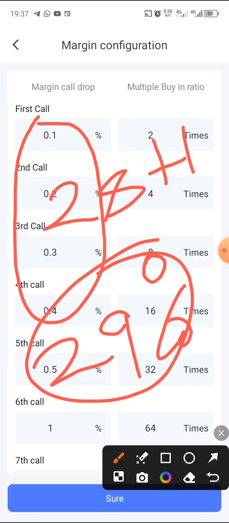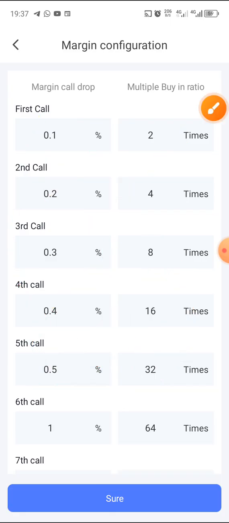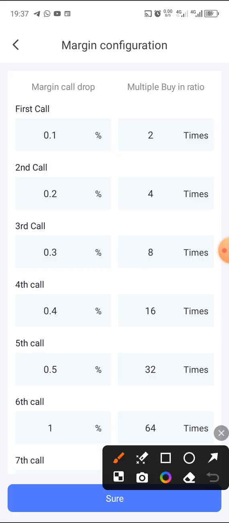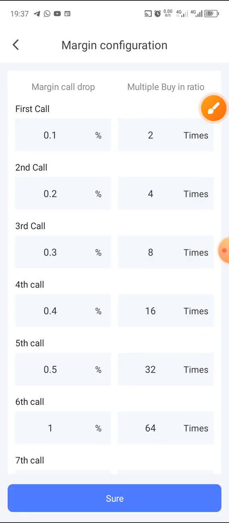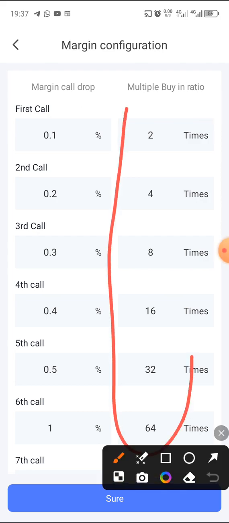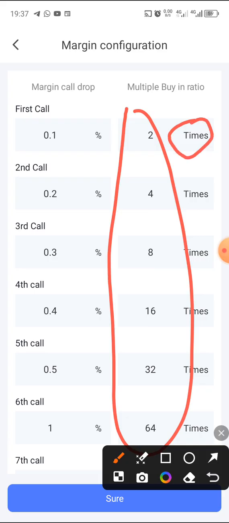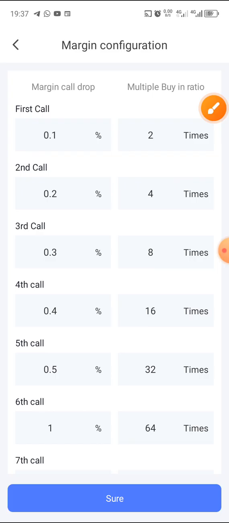So we move on to the multiple buying ratio, this side here. How do you set it, and what is the multiple buying ratio? These are the number of times, as you see here, the robot will buy with your first buying amount. That is the number of times your robot will be buying when the market drops.